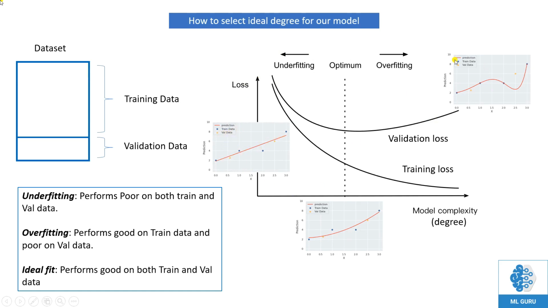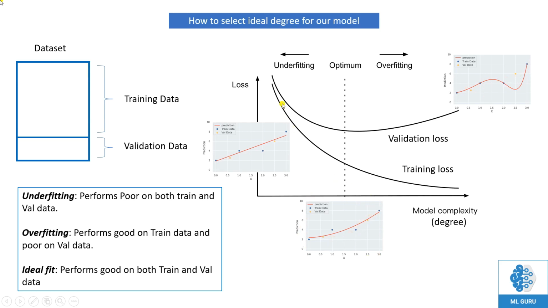On the other end, when we fitted a higher degree model, we saw that it works perfectly for our training data. As you can see, it goes through all the training points, but it performs poorly on this test data. So this is overfitting. And we saw that when we fitted a 2-degree equation or a quadratic model, it performs well on training data as well as on the validation data.